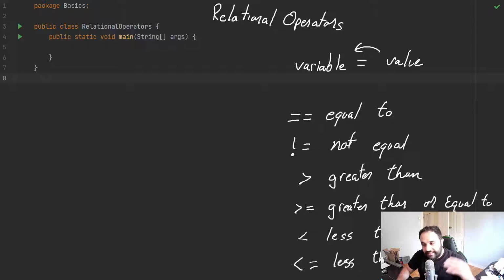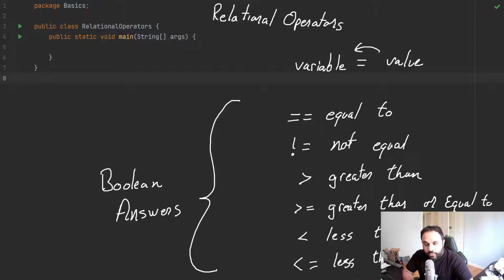We're saying that the left side is greater than or equal to the right side, so it could be either one. Either they are equal or the left side is bigger than the right side. And we do the same thing with lesser than. So the left side is lesser than the right side. The left side is lesser than or equal to the right side. In both cases, we're always comparing the left to the right, for all of this.